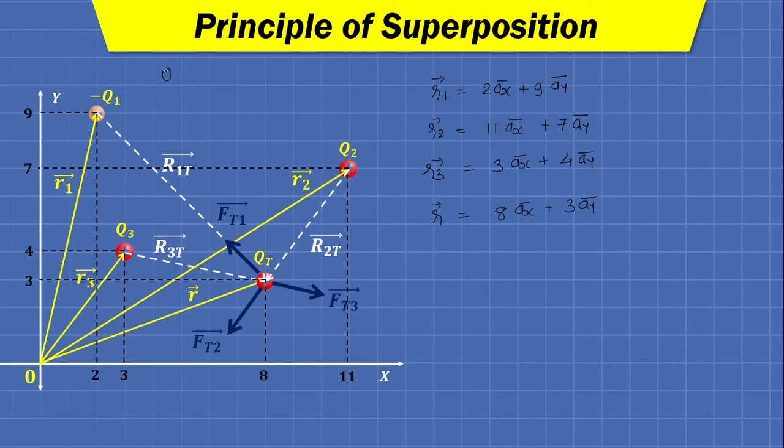Here Q1, the negative charge, is minus 1.6 into 10 raised to minus 19 coulomb. Q2, Q3 and Qt, that is the remaining three charges which are positive, have the charge of 1.6 into 10 raised to minus 19 coulomb.